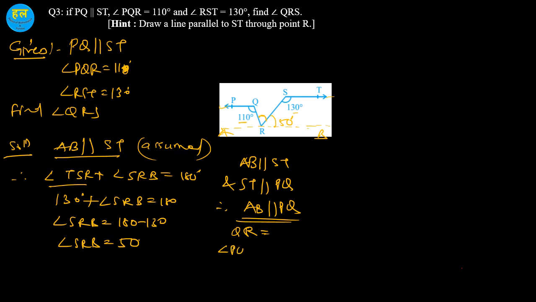Therefore angle PQR plus angle QRA is equal to 180 degree. So 110 plus angle QRA is equal to 180 degree. So angle QRA becomes 70 degree, right? So this angle becomes 70 degree.